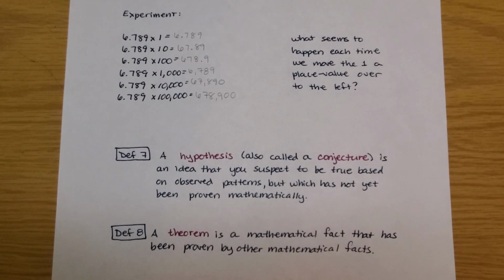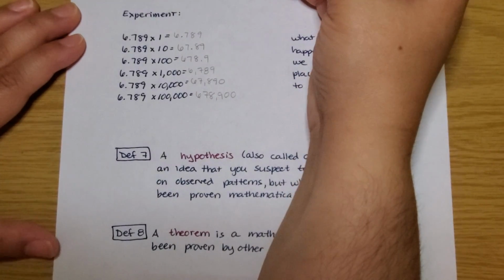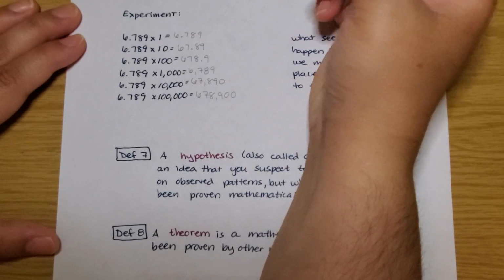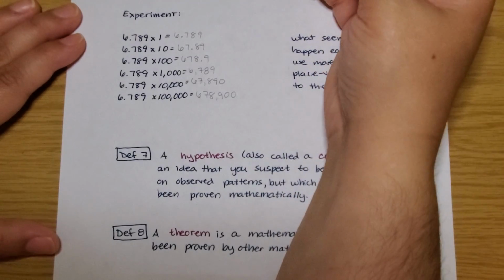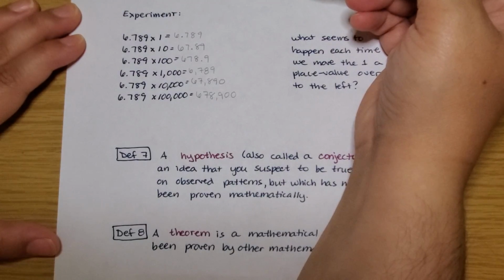So here we might form a hypothesis that however many places after the decimal point the 1 is somehow connected to the movement of the decimal point when we multiply.